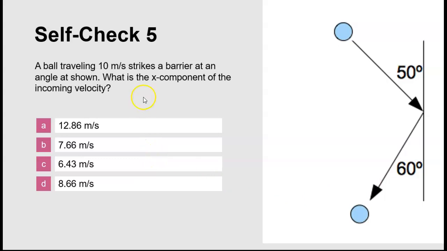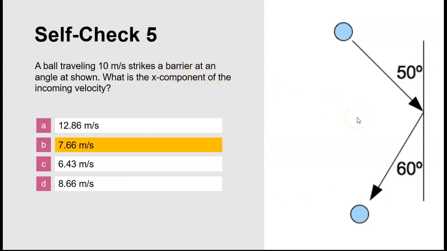So when it says, what is the x component of the incoming velocity? I need the straight in velocity. So I could use the one up here, or I could use the one down here. Straight in. They're both the x component. Let's say I use the one at the bottom. Then when I make my triangle, I'm going to want to use 40 degrees, not the 50.